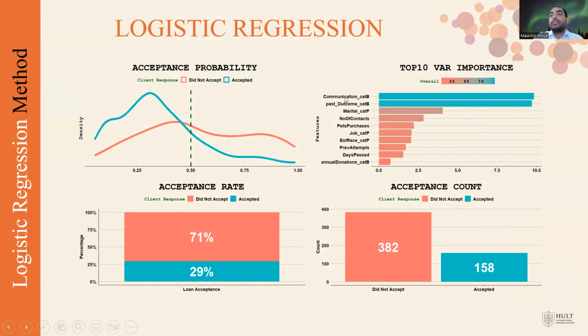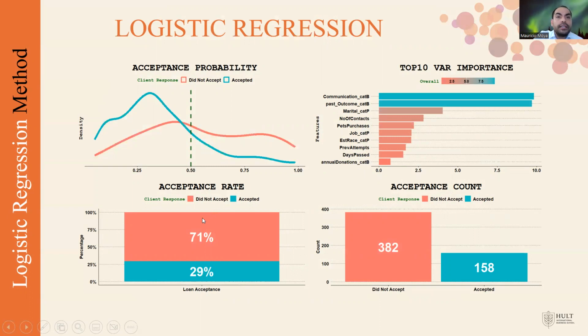The top 10 variables, as we can see, are communication, past outcome, marital status, but that's one that was treated with D-treat, the number of contacts prior to this call, the pets purchases, job estimated raise, but mostly people from Alaska, previous attempts, days passed since the last call, and annual donation.